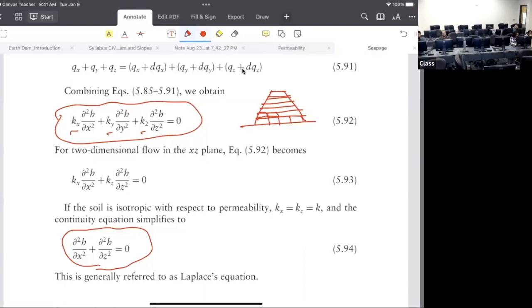In between the sheets, each one will behave like a conduit, right? Water can flow through. Those are the weak spots, so water can flow through those very easily.